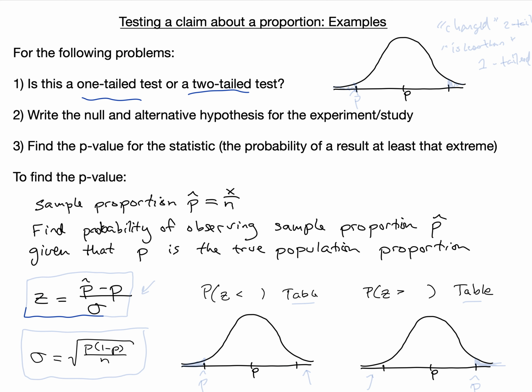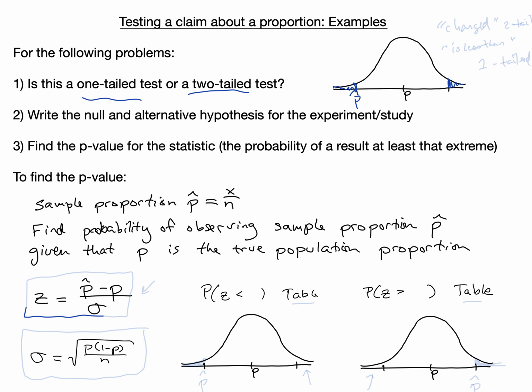For that, we're saying, all right, when we're testing a claim about a proportion, are we just interested in whether it's less than the specific value p that we expect, or are we checking if the sample proportion is just different? Has it changed? So this one-tailed versus two-tailed is going to be based on the language of the claim that we're testing.